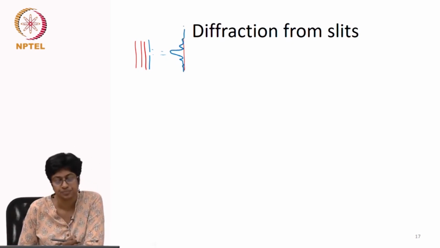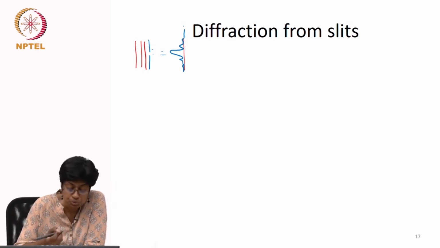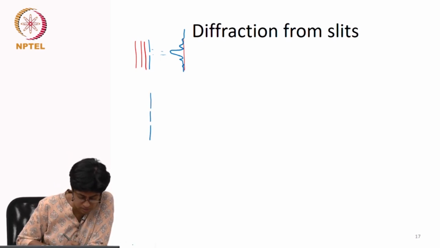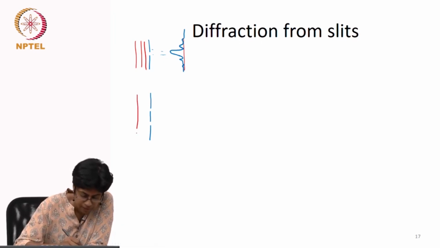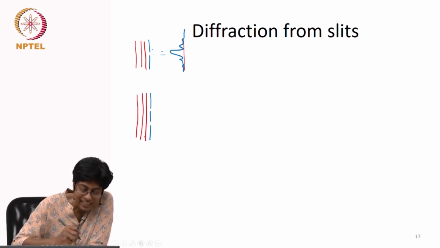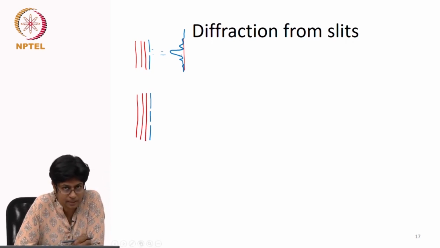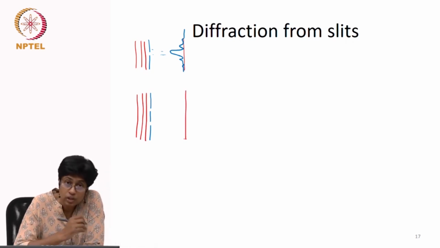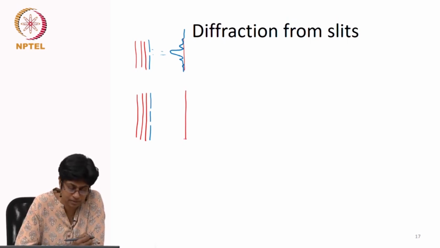Something like this. If I now have two slits, and I have a plane wave incident, each of these slits will create a pattern like this. Therefore, what I see on a screen now is going to be the combination of those patterns, right?